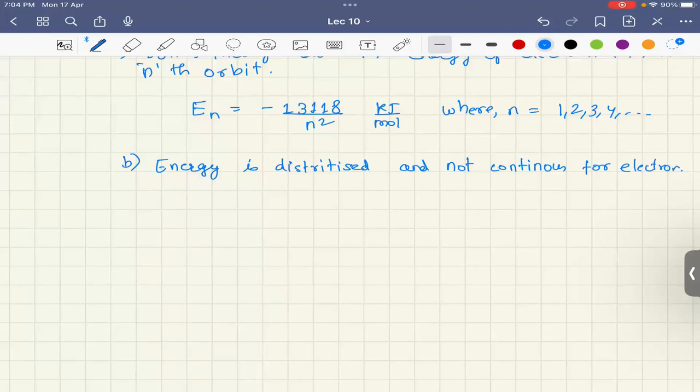It means that when an electron gains or loses energy, it does so in such a way that n has a value which is a whole number. So in other words, the electron does not gain or lose energy in a continuous manner, but in jumps.